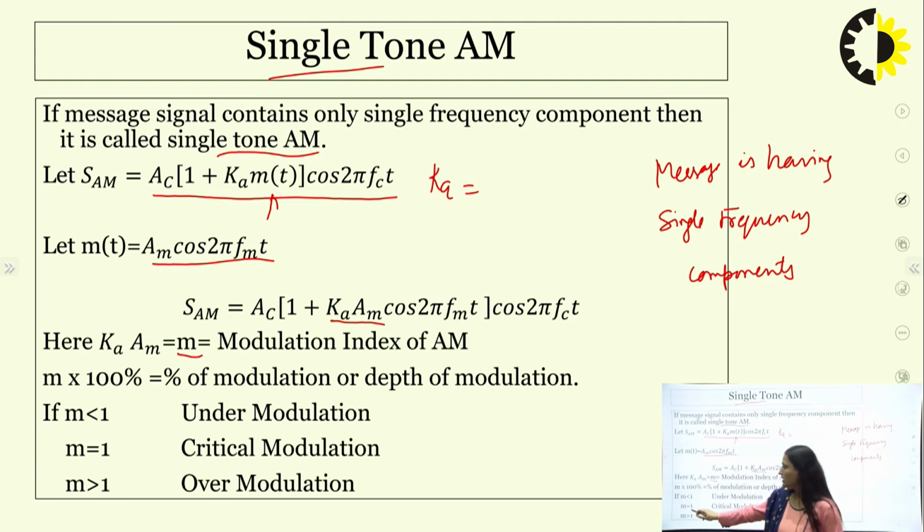If M is 1, it is critical modulation. If M is less than 1, it is called under modulation, and if M is greater than 1, it is called over modulation.